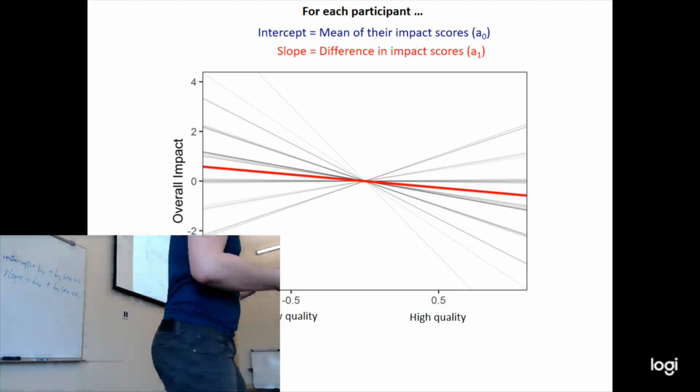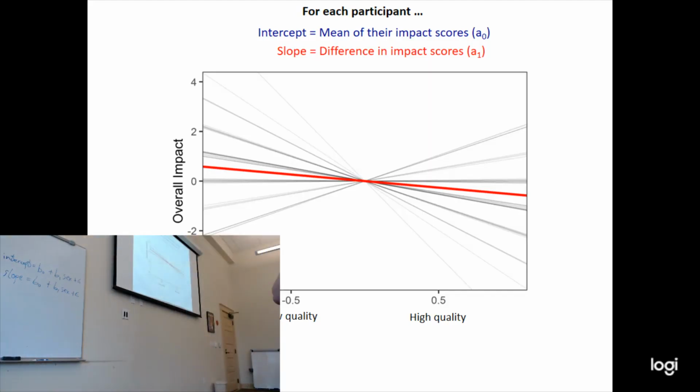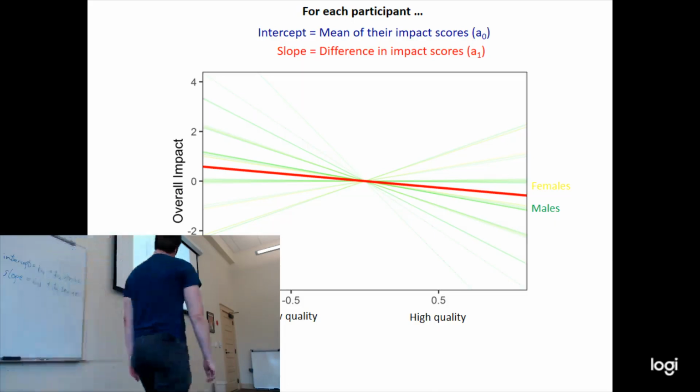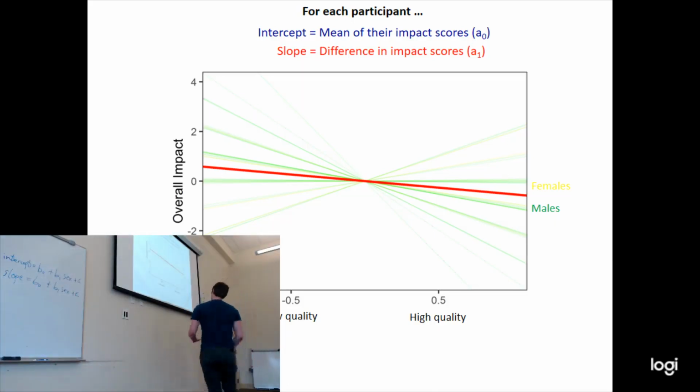Just as I did with the intercepts, I can color code these individual slopes according to whether the slope came from a male reviewer or a female reviewer. So in this graph, it's not necessarily clear whether there's a difference in the average slopes for males versus females.